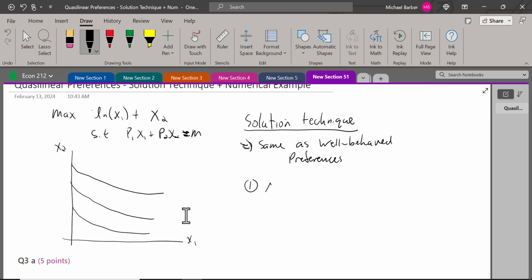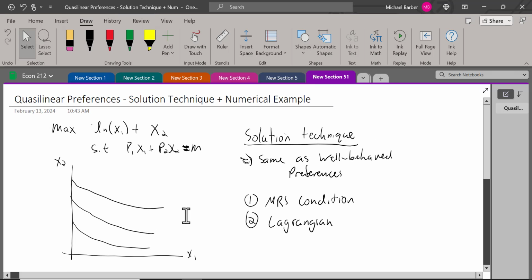But you can use the MRS condition technique, or you can use the Lagrangian here. Same two techniques, or three if you count unconstrained maximization, the same techniques that work for well-behaved preferences work for these kind of preferences.